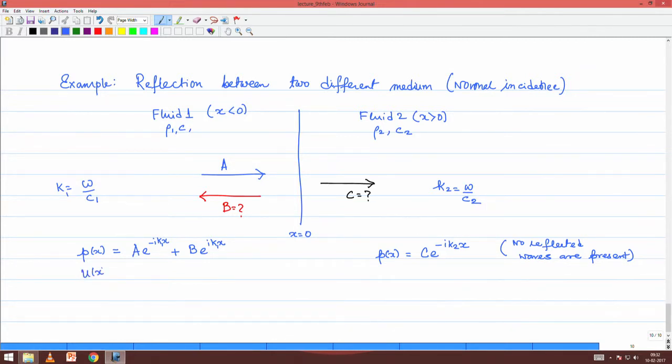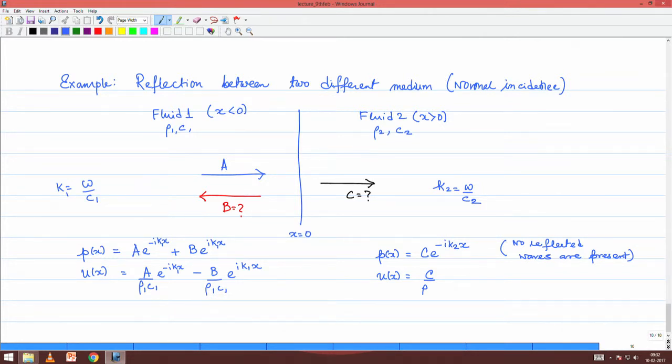What about the velocity components? U as a function of x, again we will make use of the impedance relation: A by rho naught c into e to the power minus i k 1 x, and B by rho naught c into e to the power i k 1 x, whereas for the fluid 2 region u x will be simply given by C by... I should also make my notations clearer this time, it cannot be rho naught, it has to be rho 1 c 1, because that is how the density and sound speed were defined in fluid 1.